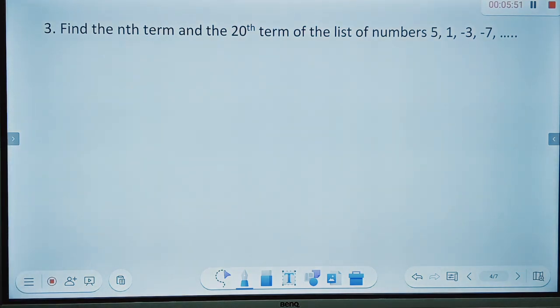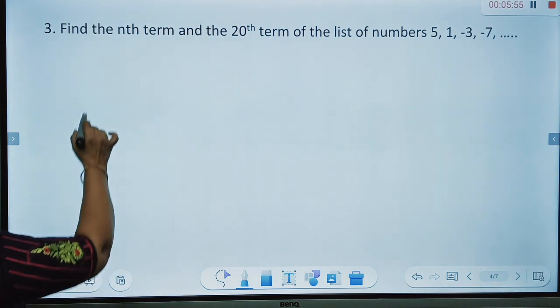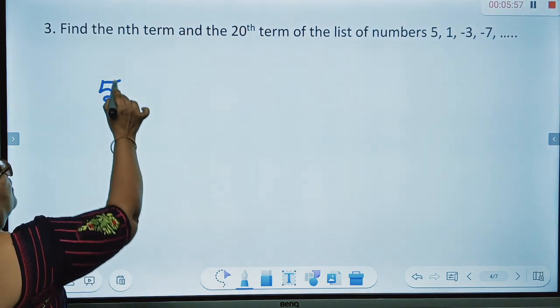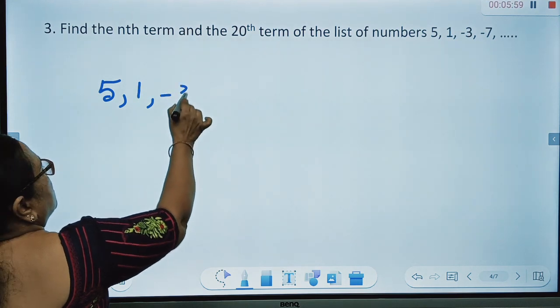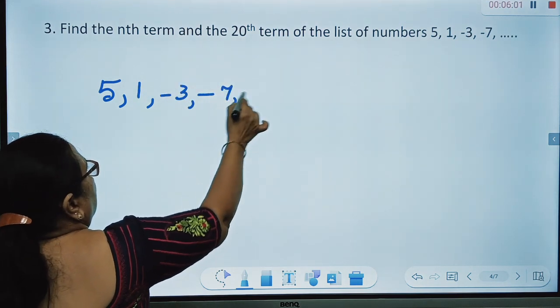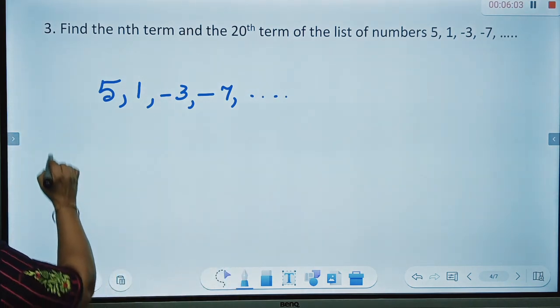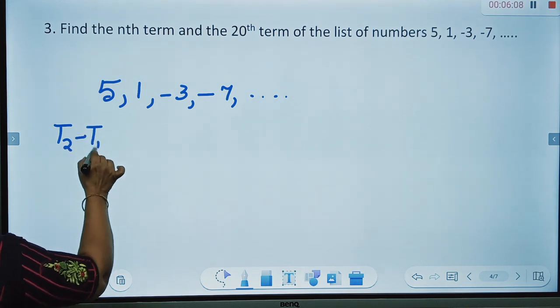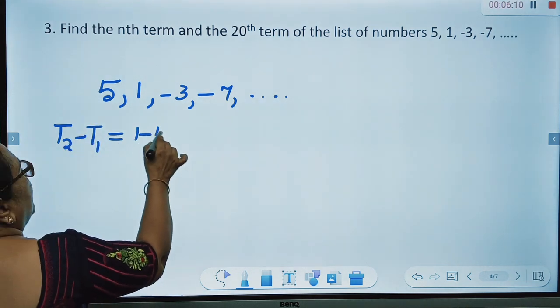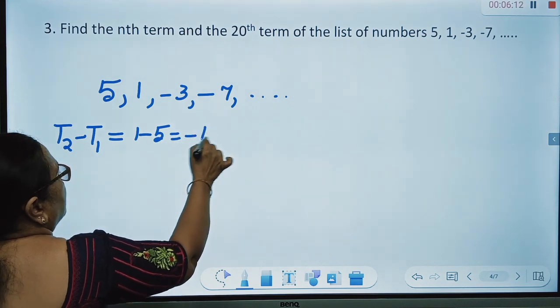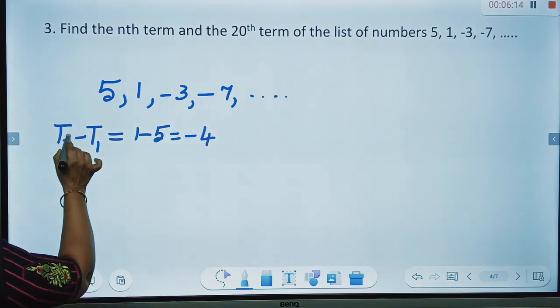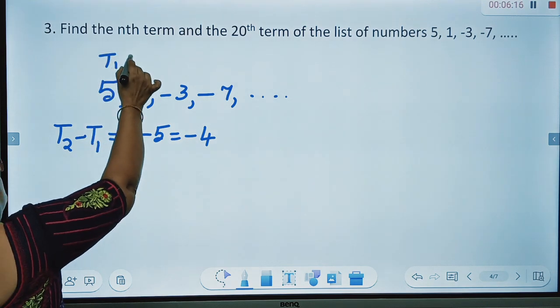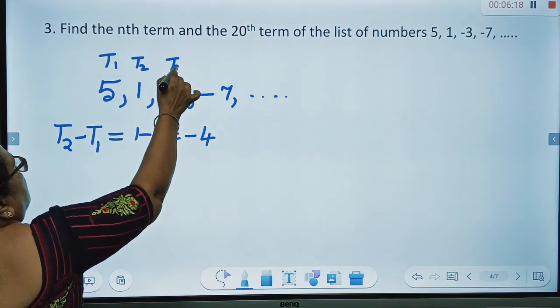Now find the nth term and the 20th term of the list of numbers 5, 1, minus 3, minus 7, etc. So first of all, let us find whether the common difference is the same. T2 minus T1 will be 1 minus 5, which is minus 4. This is T1, this is T2, this is T3.